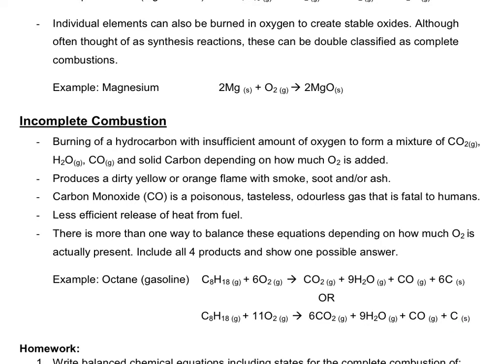Both of these balanced chemical equations would be acceptable for showing the incomplete combustion, and there's actually more. All you have to do is get it balanced somehow, and as long as it's balanced, I'll take it as being correct. We'll deal with mixing in chemicals in certain amounts in our next unit, so we'll come back to this conversation then.